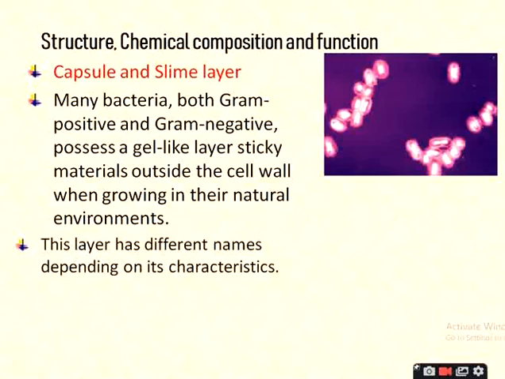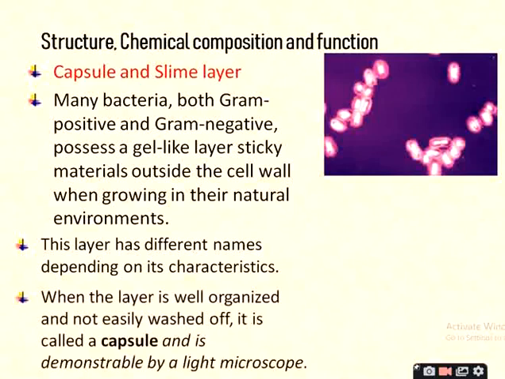When the layer is well organized and not easily washed off, it is called a capsule and is demonstrable by light microscopy. That means based upon how the layer is organized on the surface, there are two types. The layer which is organized and not easily washed is called a capsule, and the layer which is easily washed is called a slime layer.